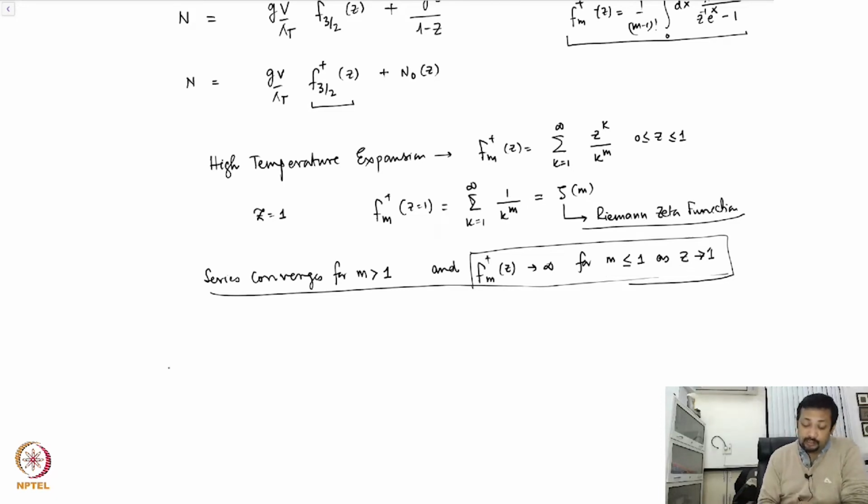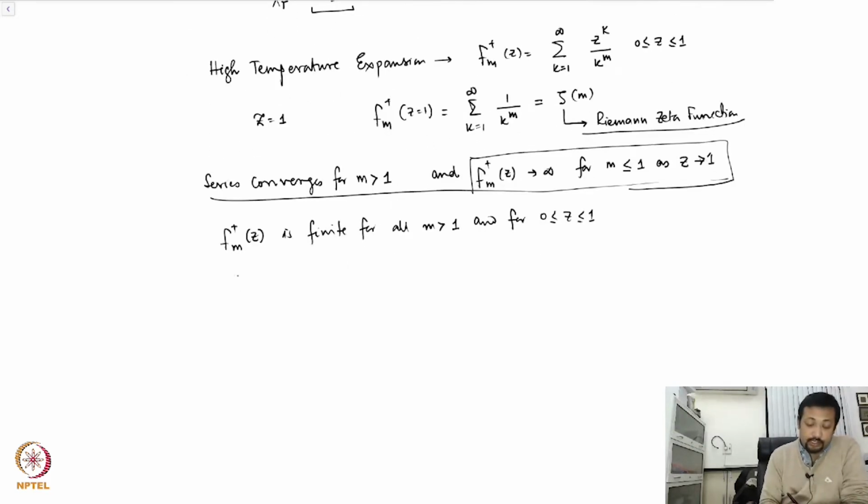On the other hand, f_m^plus(z) is finite for all m greater than 1 and for z greater than or equal to 0, less than or equal to 1.